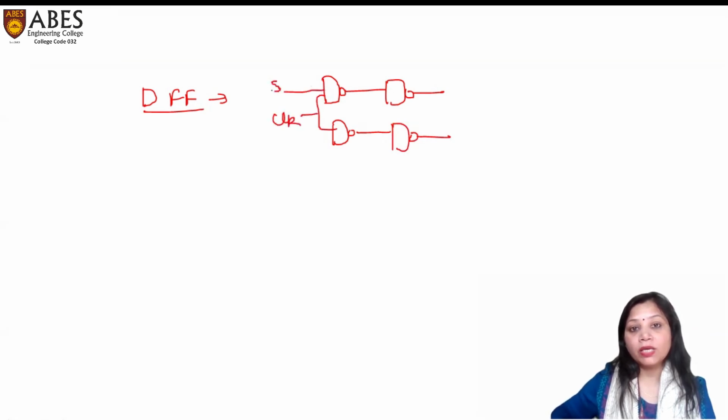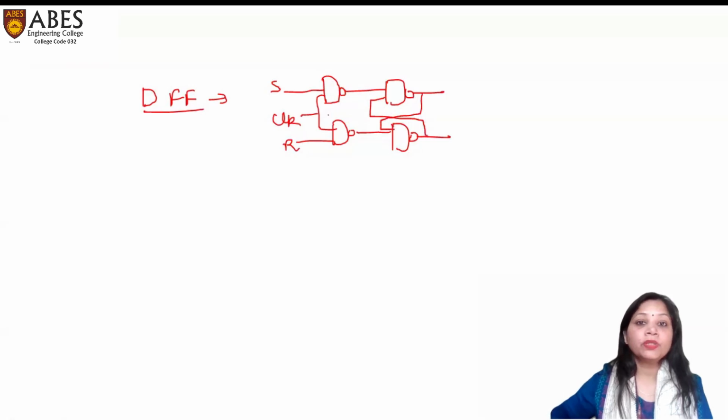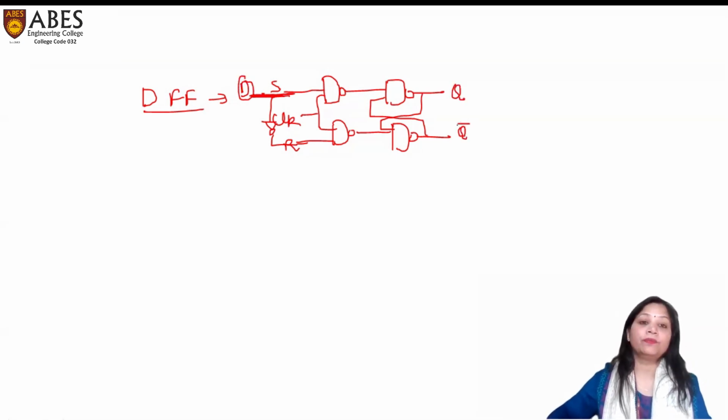First input is S, and this input is R, and last one is the latch. Okay. So connect the NOT gate between the S and R inputs. This single input is called the D or delay. This is the Q and this is the Q bar.